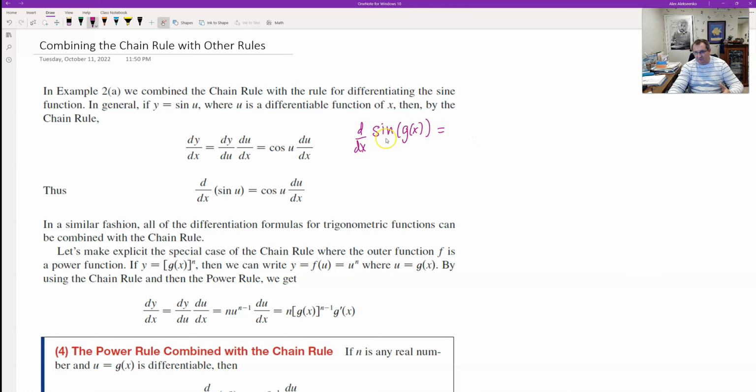So derivative of the outside function, the sine, so derivative of the sine is cosine, and here will be g of x, and multiplied by g prime of x. So the chain rule allows us to see these patterns, and you can even write a special formula. If it's a composition of sine and another function, then that's the formula to use. However, sine is not the most useful one.